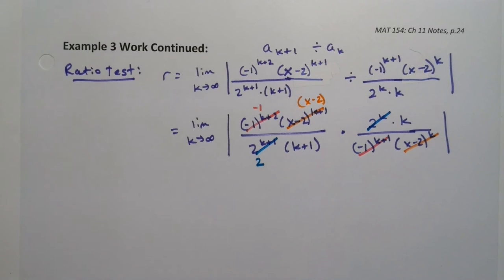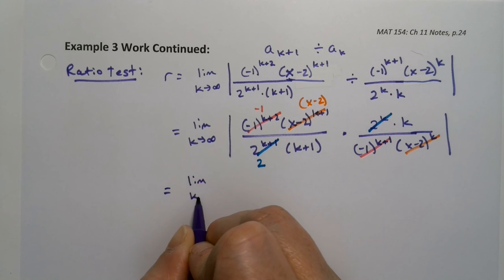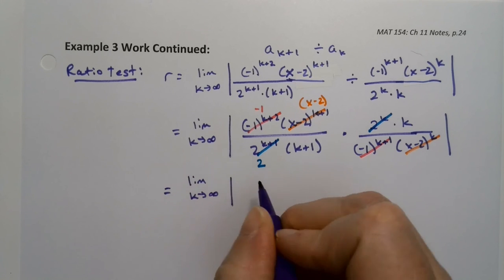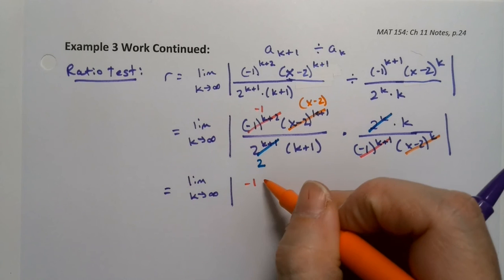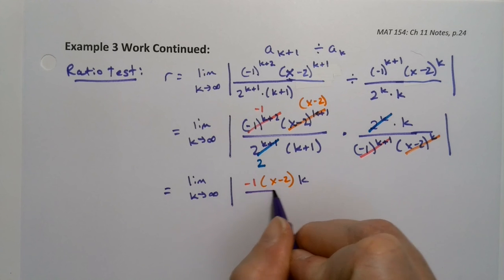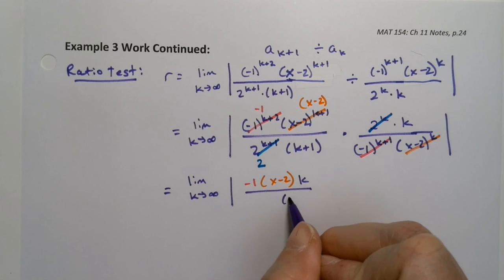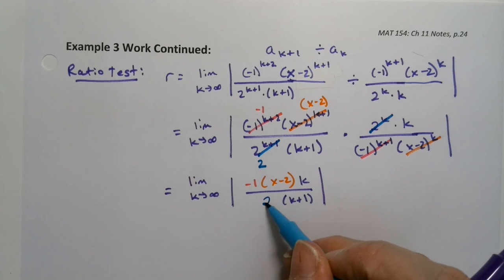All right, so let's rewrite that. This is the limit as k goes to infinity. I have a negative 1 times x minus 2 times k over a 2 times a k plus 1.